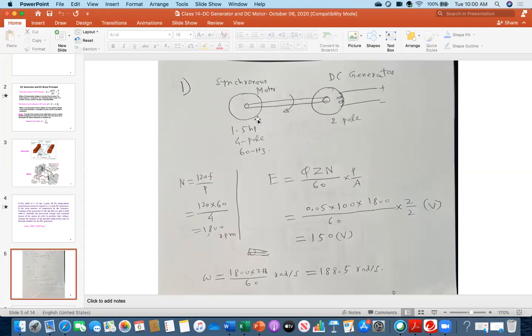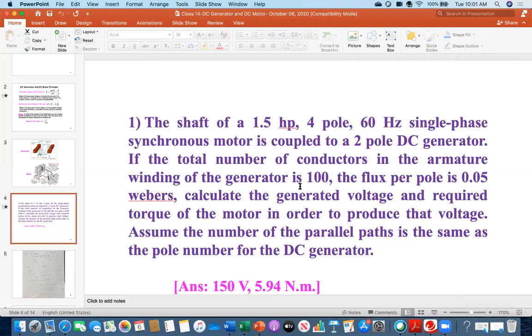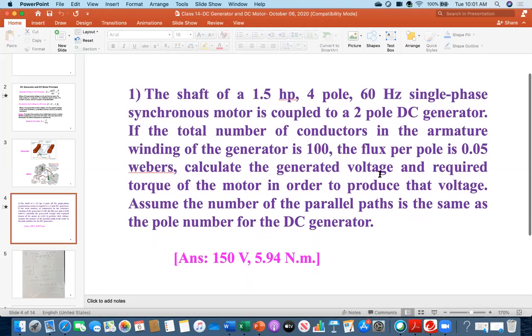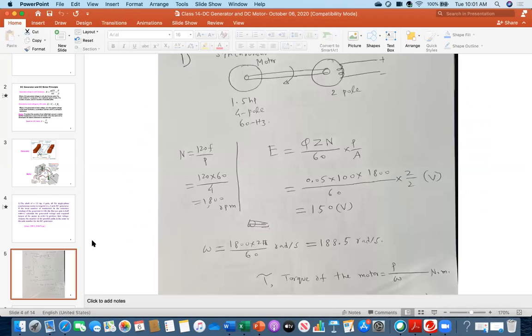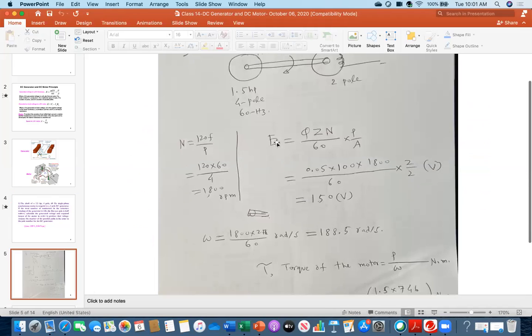And then I have written down the rating for the motor, 1.5 horsepower, 4-pole, 60 hertz. But you have to find out the voltage here. Because the first question is to calculate the generated voltage, I have written down that equation, E equal to phi Z N over 60 multiplied by P over A. From the statement, I have plugged in all the numbers.